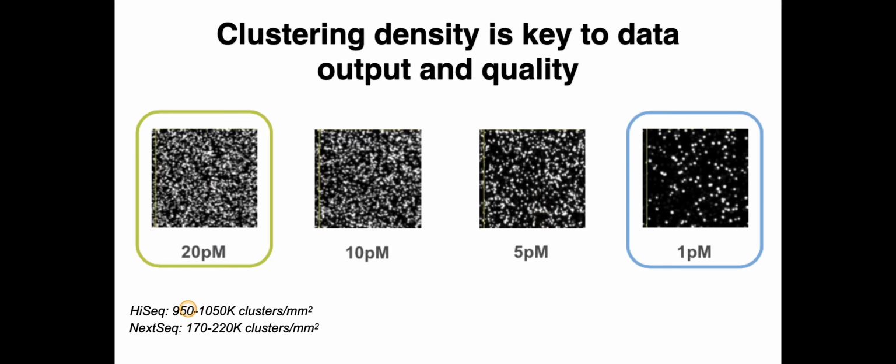And that number depends on the sequencer and the flow cells and lots of other things, but it can range from 170 to 220,000 clusters per millimeter squared for the NextSeq, and upwards of a thousand, so 1 million clusters per millimeter squared for the HiSeq.